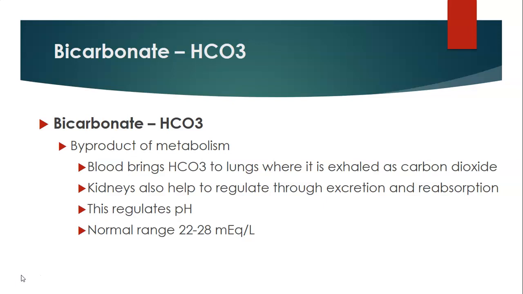The blood brings bicarb to the lungs where it is exhaled as carbon dioxide. The kidneys also help regulate this through excretion and reabsorption, and this ultimately regulates the pH. So the normal range of bicarb that we will be seeing within blood is going to be 22 to 28 mEq/L, and these numbers will make a little bit more sense once we get a little farther down the road here.